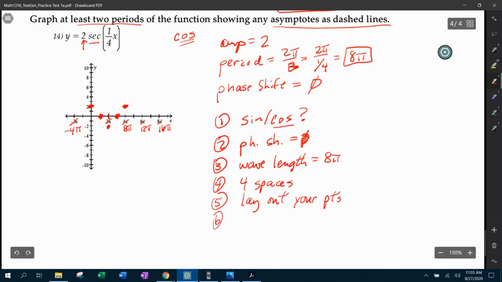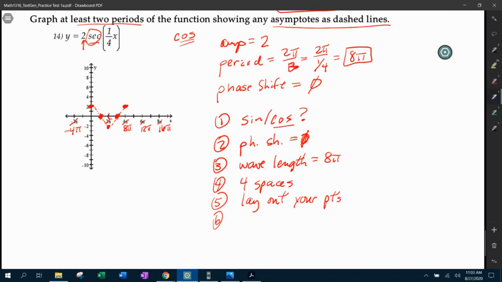And then step number 6 is where this is going to change, and we're going to have to remember that we're really doing secant, okay? So if this was a cosine, we would actually connect the dots something like that, okay? Making a wave. But this is a secant.